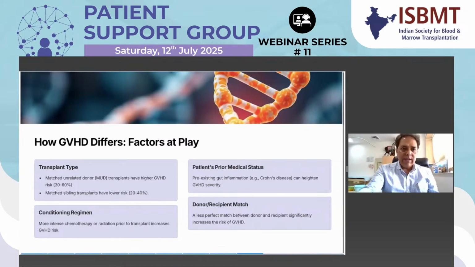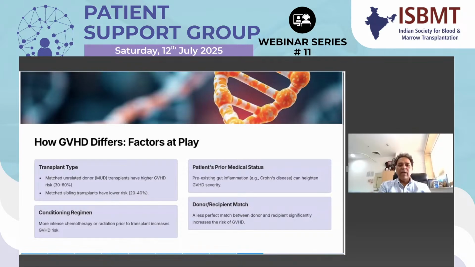So as we said, that it also depends what kind of transplant that we do. And this is what I talked about when I said about how good the patient's match with the donor is. And as we said that if you have a 100% match, it's less. But if you don't have a 100% match in the family, and we are trying to find a donor who's outside the family, which is what we call a matched unrelated donor, you might know it as a donor that is coming from a registry, like a donor that's in the Datri registry or in the DKMS registry.